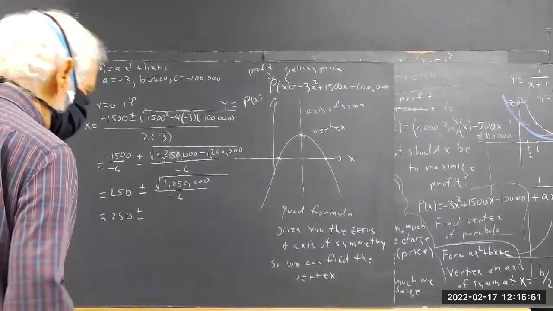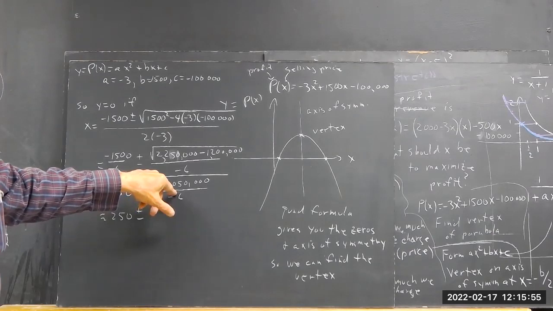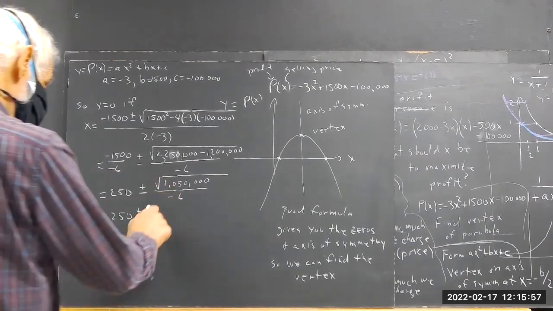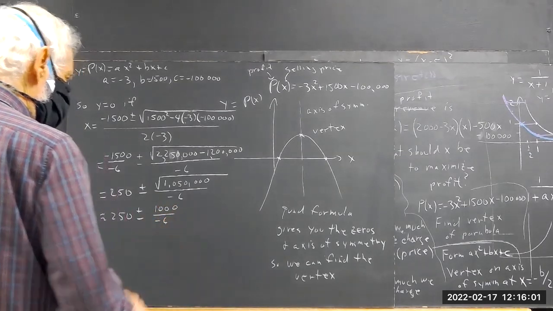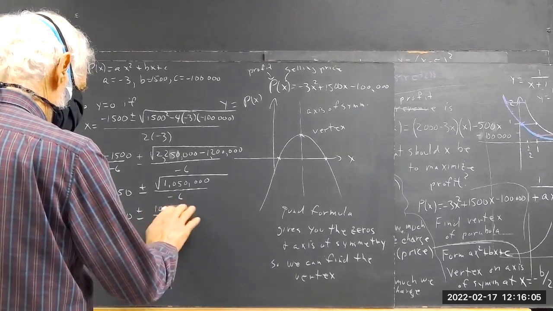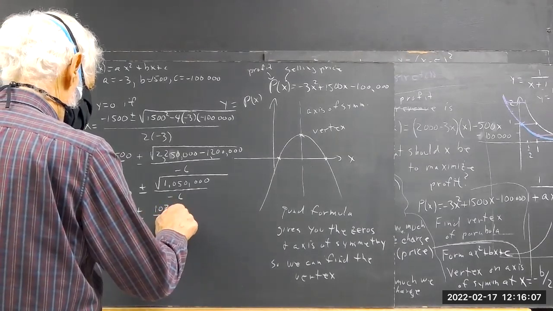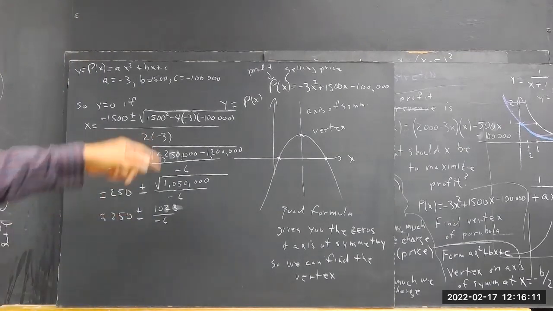So approximately, this is really close to 1 million, and the square root of 1 million is 1,000. And if you want to get technical, it's about 1,023. You can square that and see what it is.